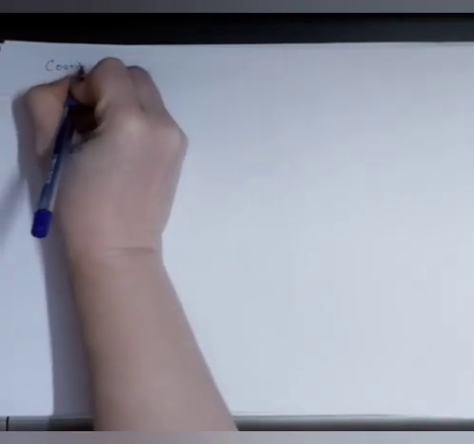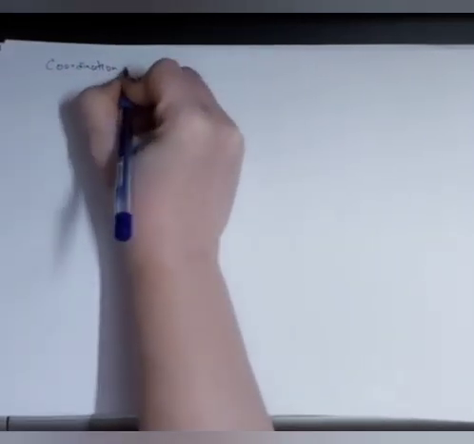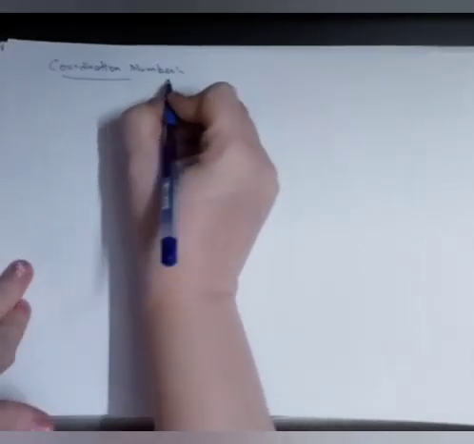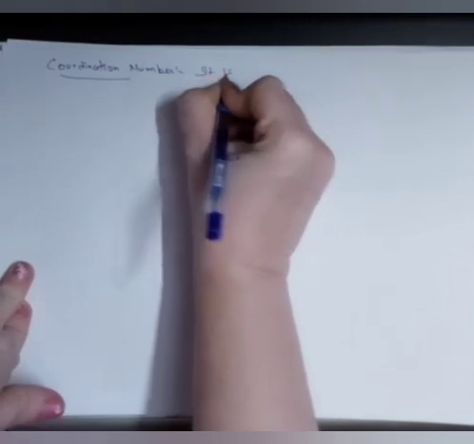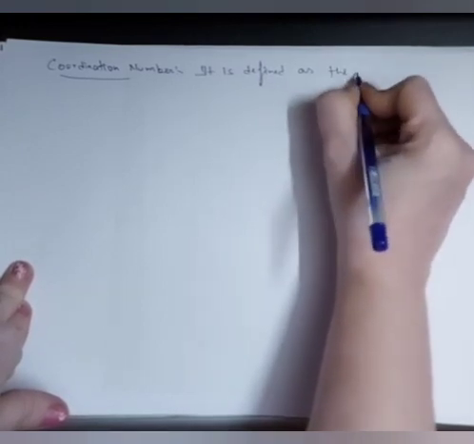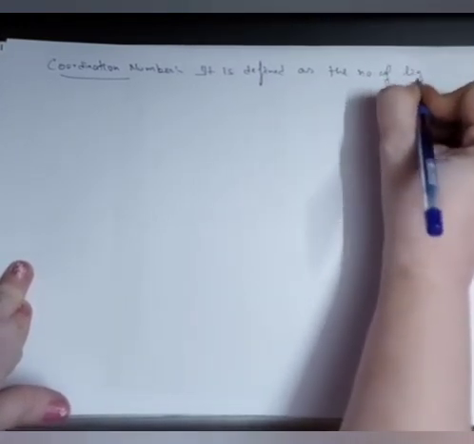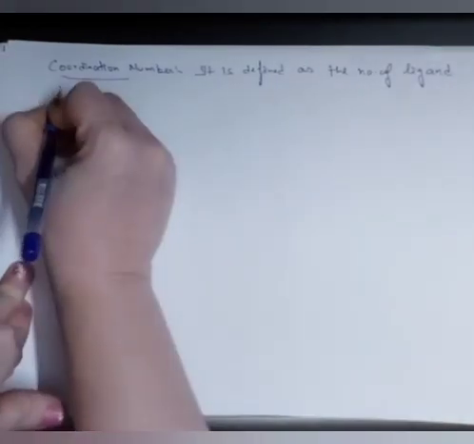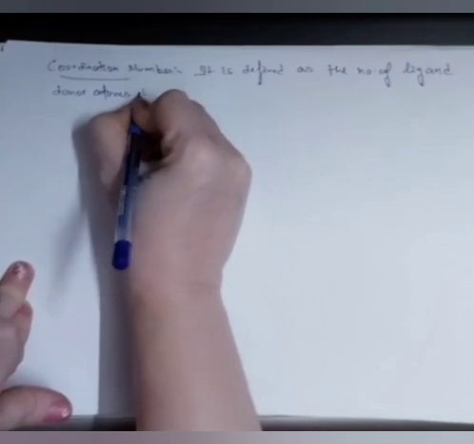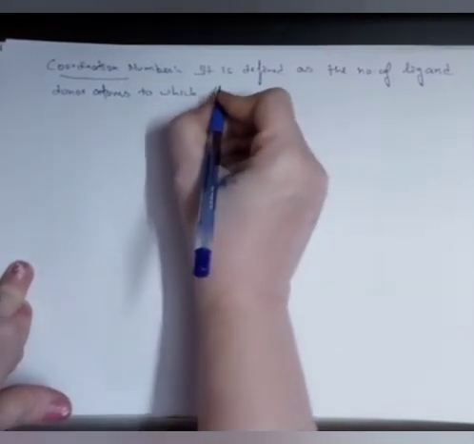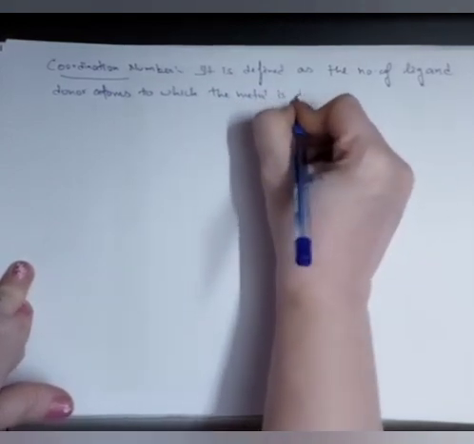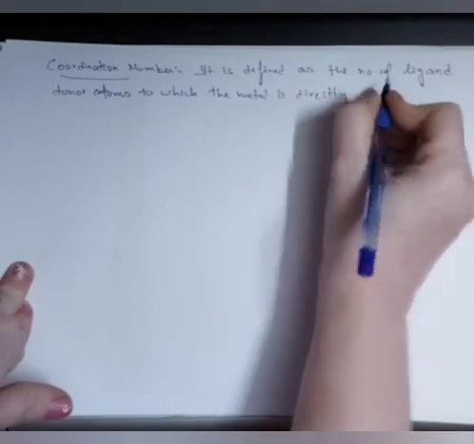Coordination number. It is defined as the number of ligand donor atoms to which the metal is directly bonded.